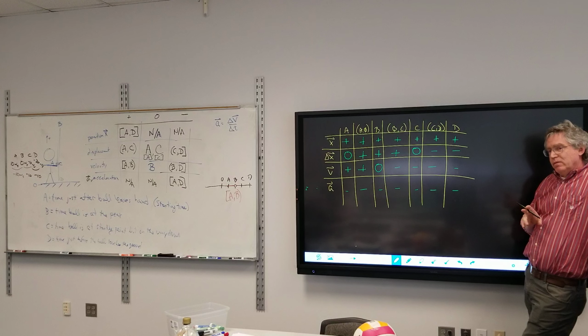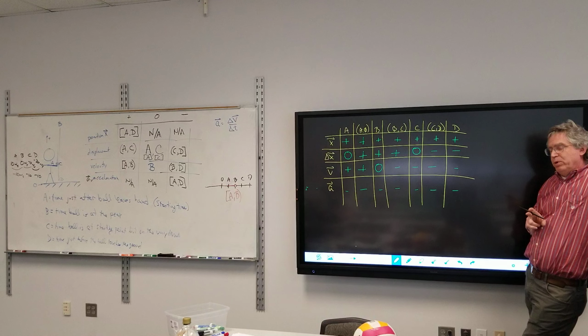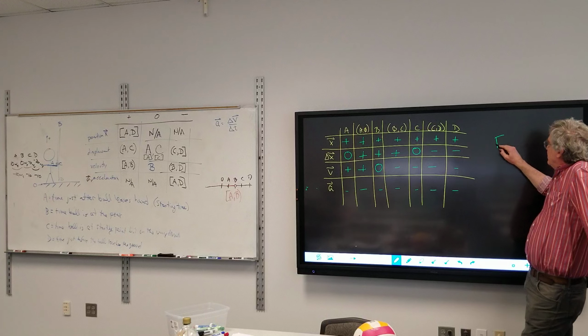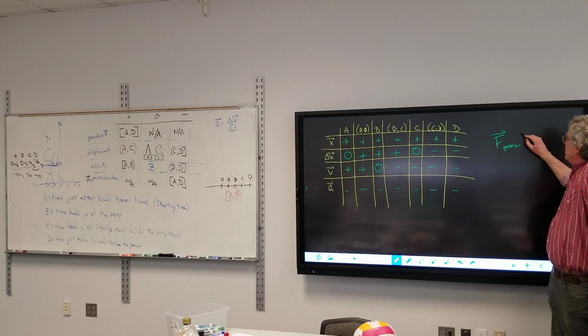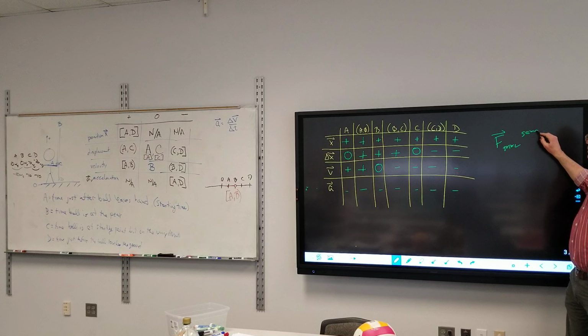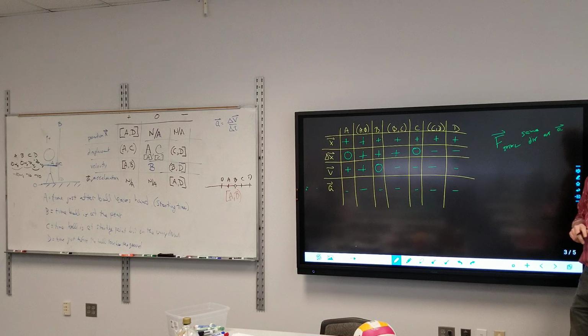All right, now, if you are pushed, remember that the total force is in the same direction as acceleration. Chapter 4 concept, but sort of touched on it already. The total force is the same direction as acceleration. Which means if I am pushed in the direction I am moving, I will go faster.